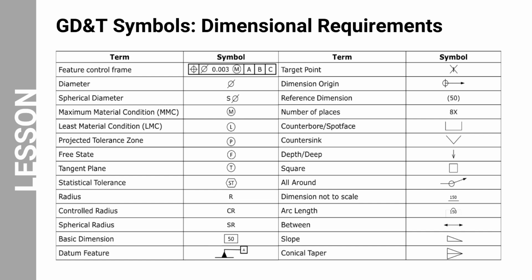Some of these symbols have been discussed in the module already, but some may be unfamiliar. There are two sets of symbols. The first set of symbols is the most commonly used in engineering drawings and in conjunction with geometric tolerances and other related dimensional requirements. These are the symbols you see listed here on this slide. The second set of symbols describes the geometric characteristics of features and can be seen on the next slide.